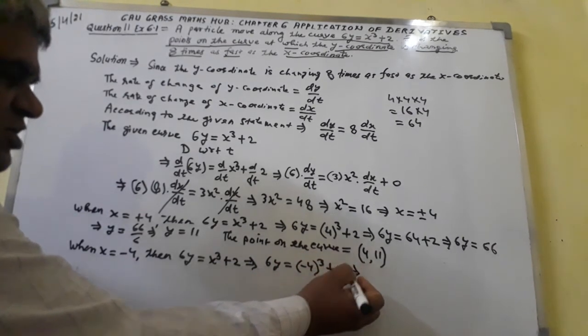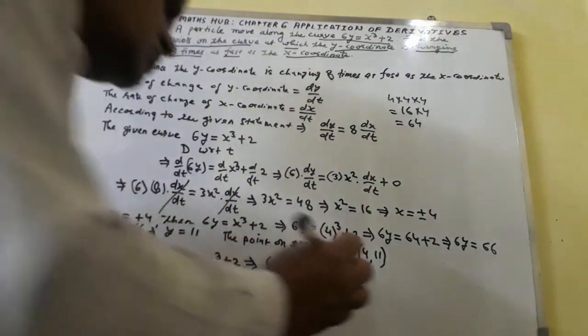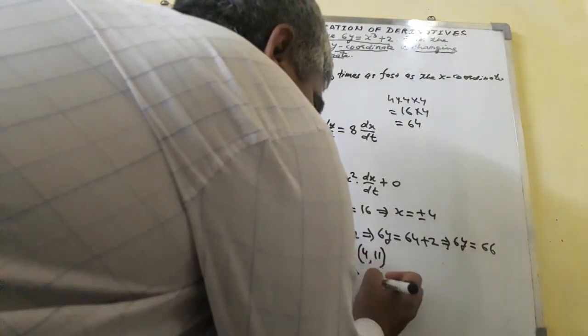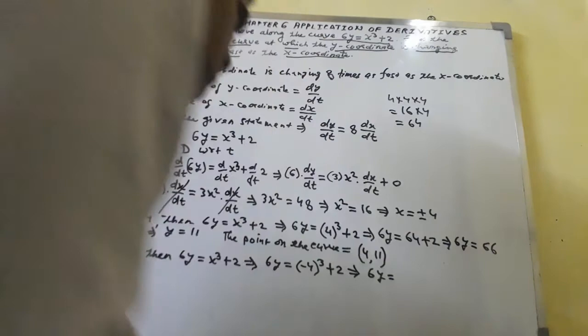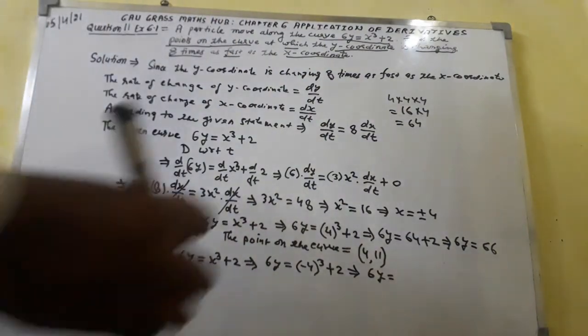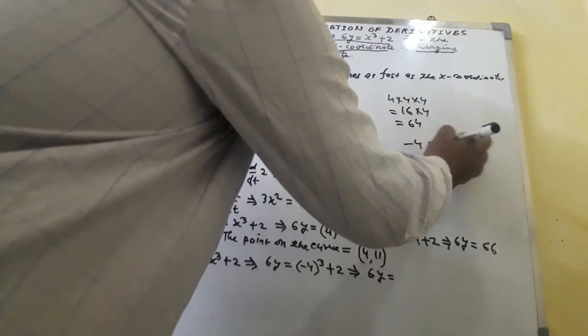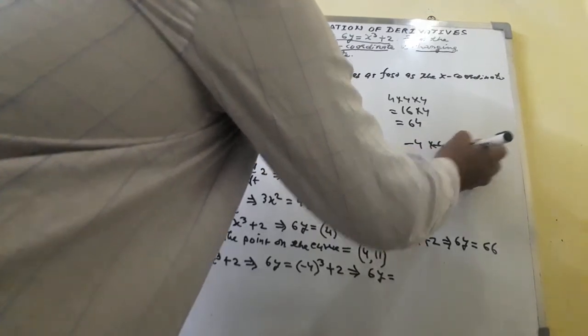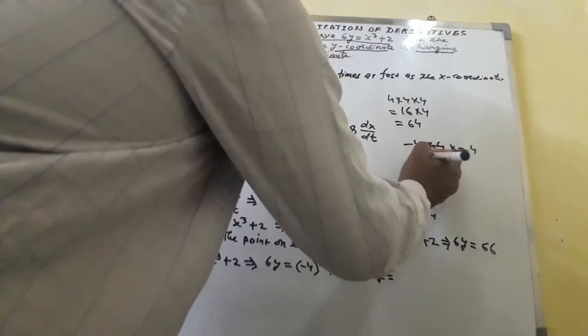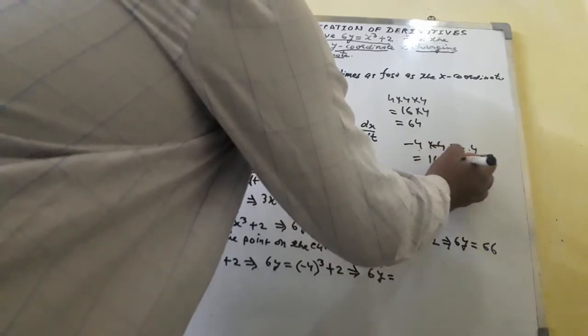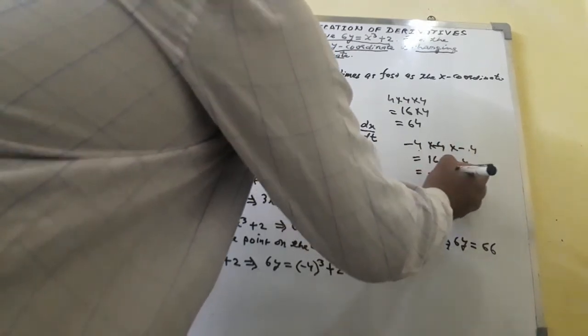We shall get implied that 6y equal to, here minus 4 cube, so here minus 4 will multiply to minus 4 will multiply to minus 4. Minus 4 times minus 4 will get here 16, which will be multiplied to minus 4 and we will get here minus 64.